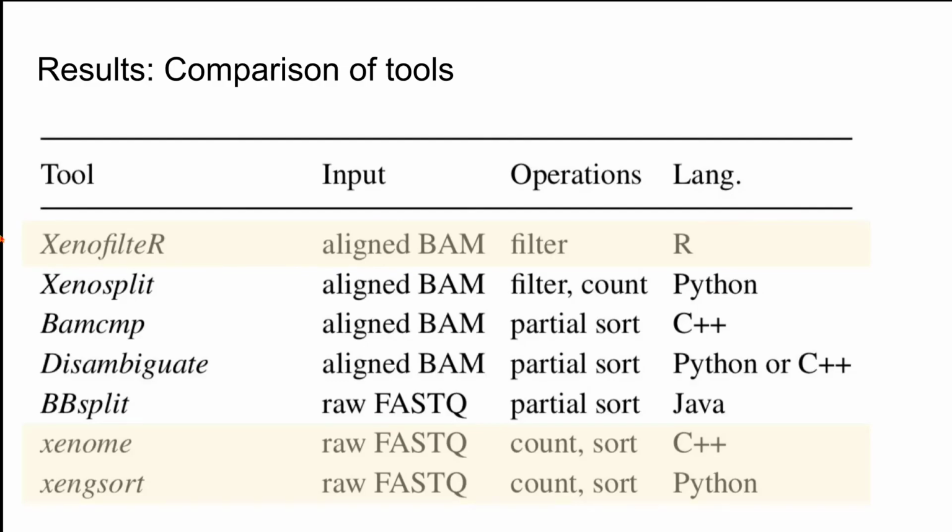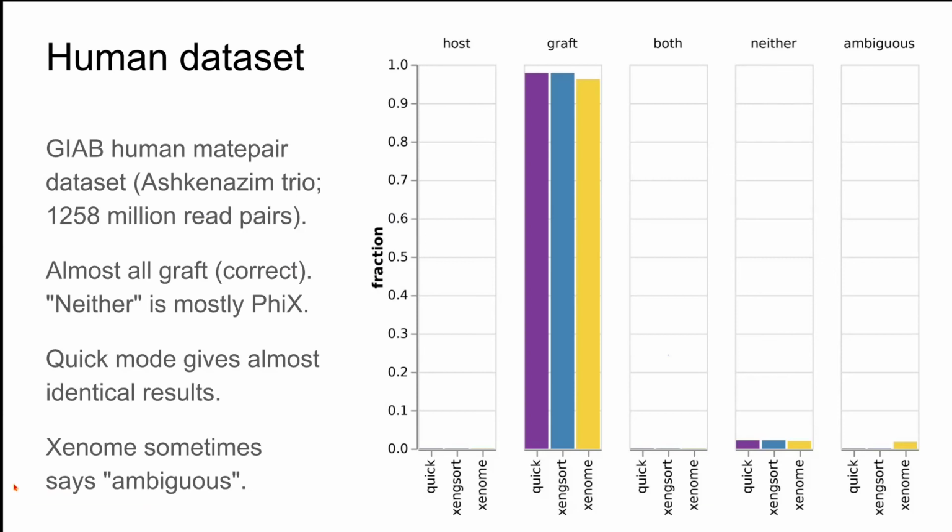Let's discuss some results. We compare the alignment-based tool Xenofilter against the alignment-free hashing-based tool Xenome and our tool xengsort, which implements all the techniques I mentioned so far. Of course, we should classify pure human datasets and mouse datasets correctly.